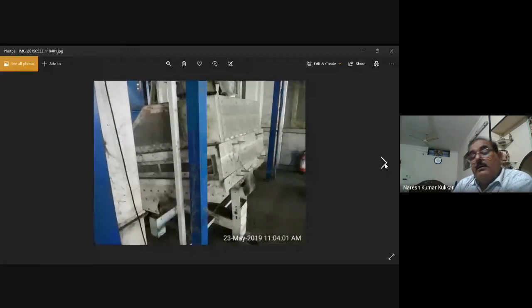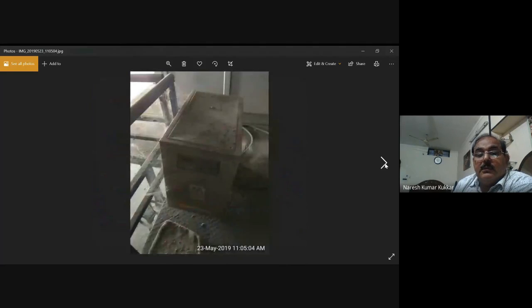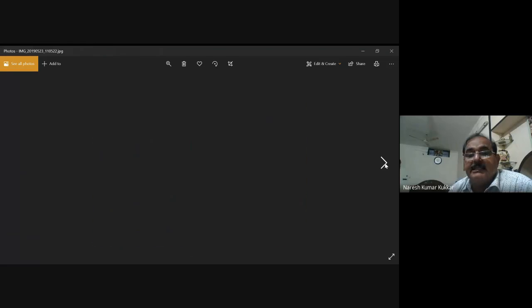This is a destoner, means to clear the stones from the paddy. This is a CPU UPS, and these are the rice graders to check the size, means smaller size or bigger size. These are the rice graders.